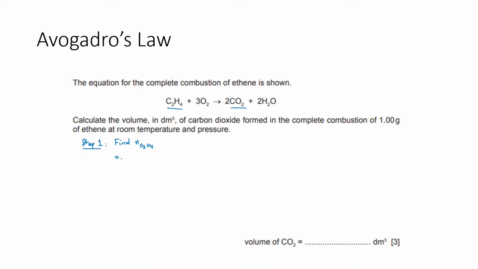The moles of ethene, C2H4, is basically mass of ethene over the MR. The mass of ethene given is 1 gram, and the MR, the molar mass of ethene, can be found by adding up the ARs of the elements in ethene: 2 times 12 plus 4 times 1 for the 2 carbon atoms and the 4 hydrogen atoms.